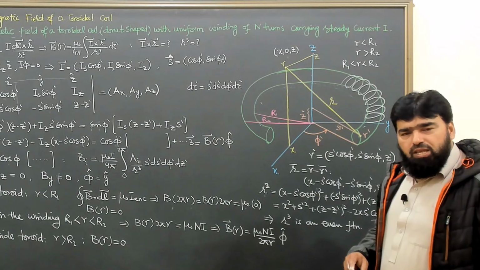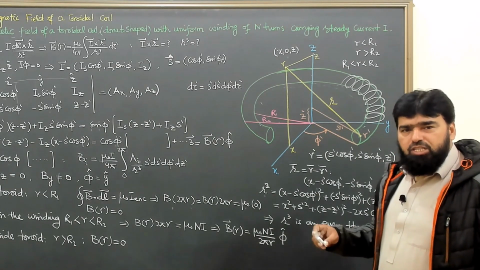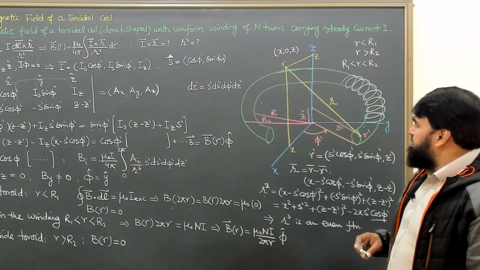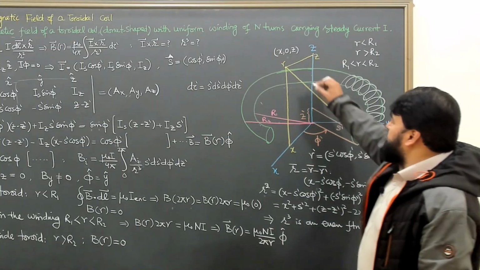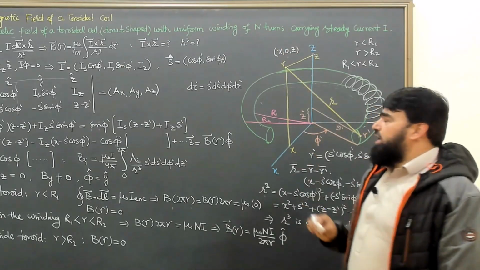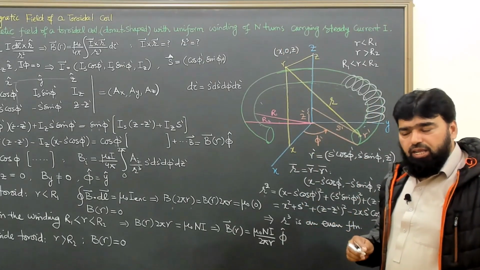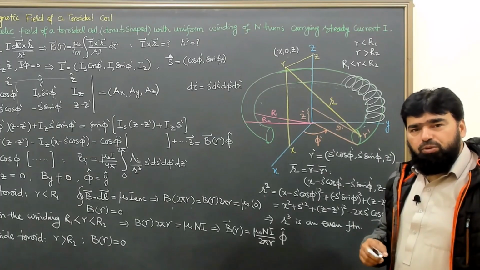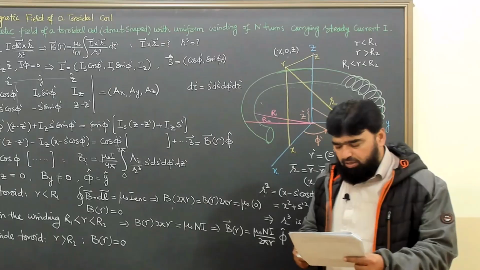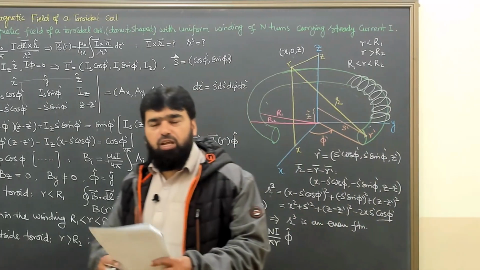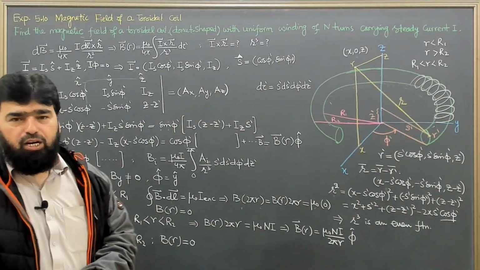So as we increase R, the magnetic field will die down. You move the observation point away from the toroid and the magnetic field will decrease as 1 over R, which is one of the main differences between a solenoid and a toroid.